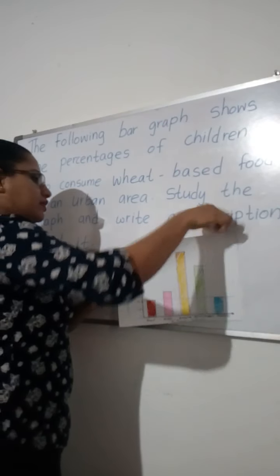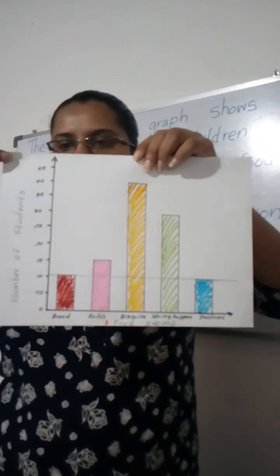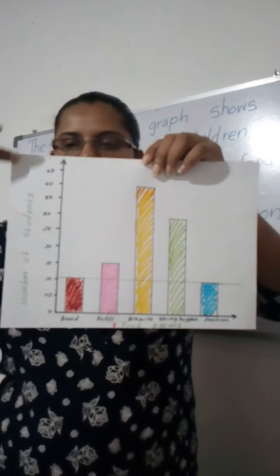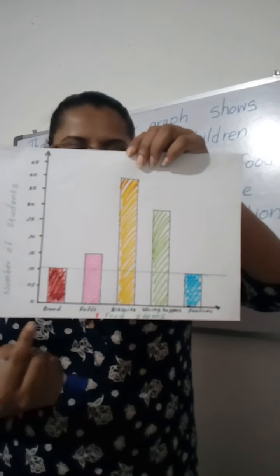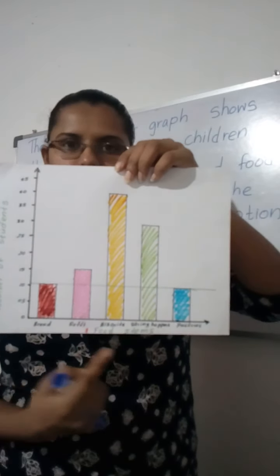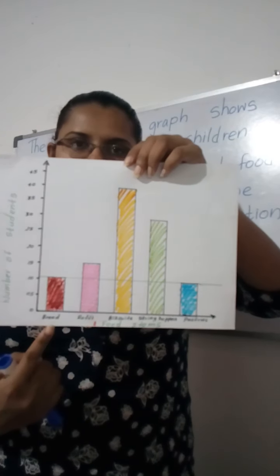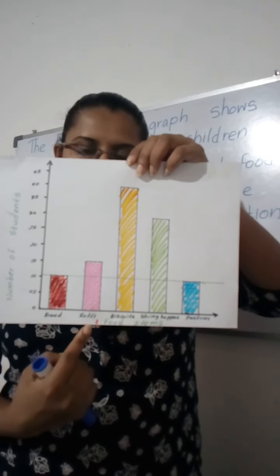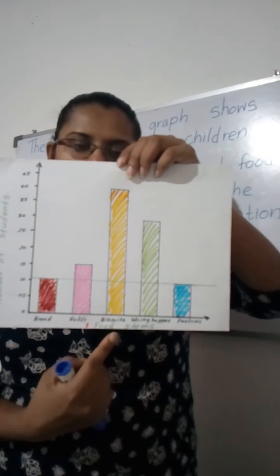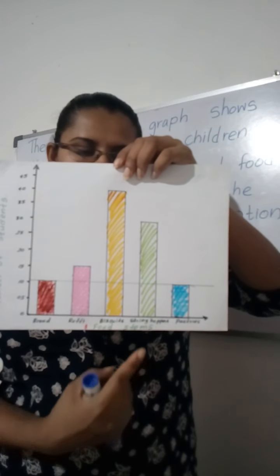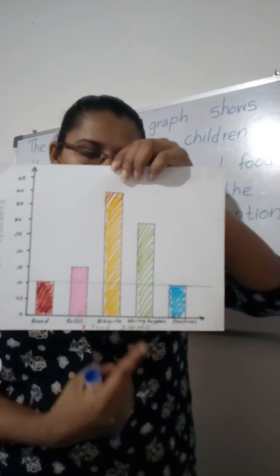Okay, I will show you the bar graph closer. Then you can see the things. In this side, the number of students. In this side, the food items. First one, bread. Second one, roti. Third one, biscuits. Number 4, string hoppers.